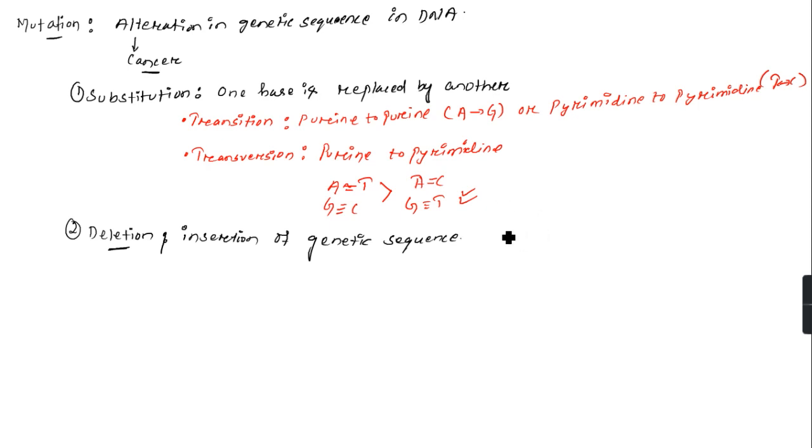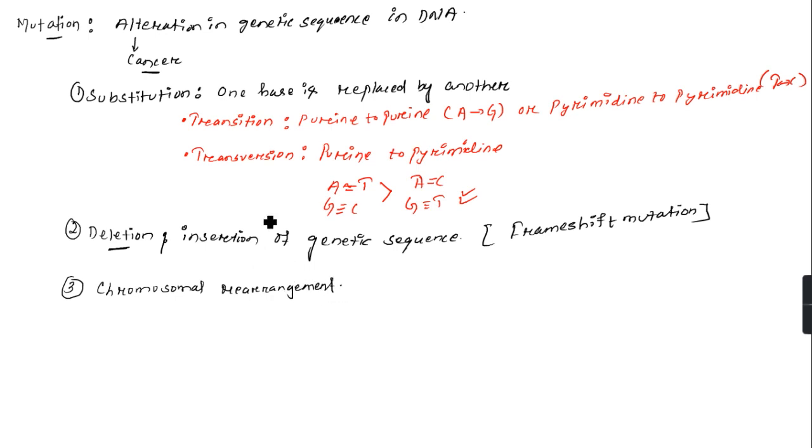Okay, this type of mutation is a special type of mutation called frame shift mutation. And third one may be due to chromosomal rearrangement. Okay, so these are the major causes of mutation: substitution, deletion or insertion, or chromosomal rearrangement.